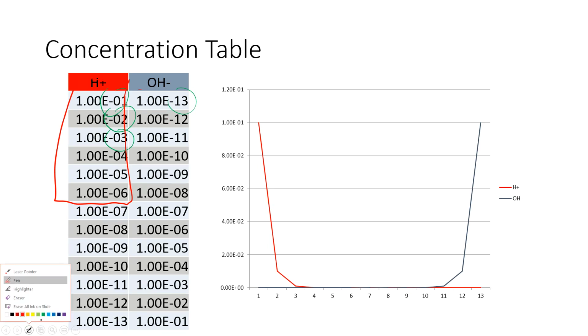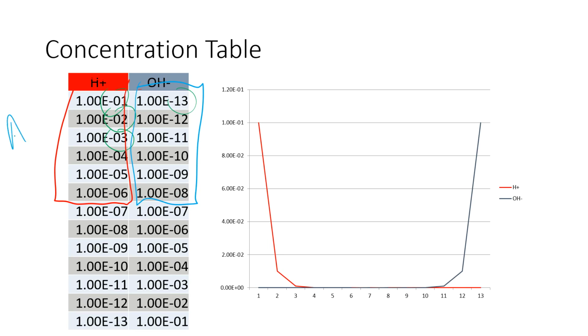So look here, your concentrations of your acids. The number 10 to the minus 1 is bigger than 10 to the minus 13. The number 10 to the minus 5 is bigger than 10 to the minus 9. The number 10 to the minus 6 is bigger than 10 to the minus 8. So in all these situations, you have an acid, which I should do in red, right? Because there's more H plus and less OH.